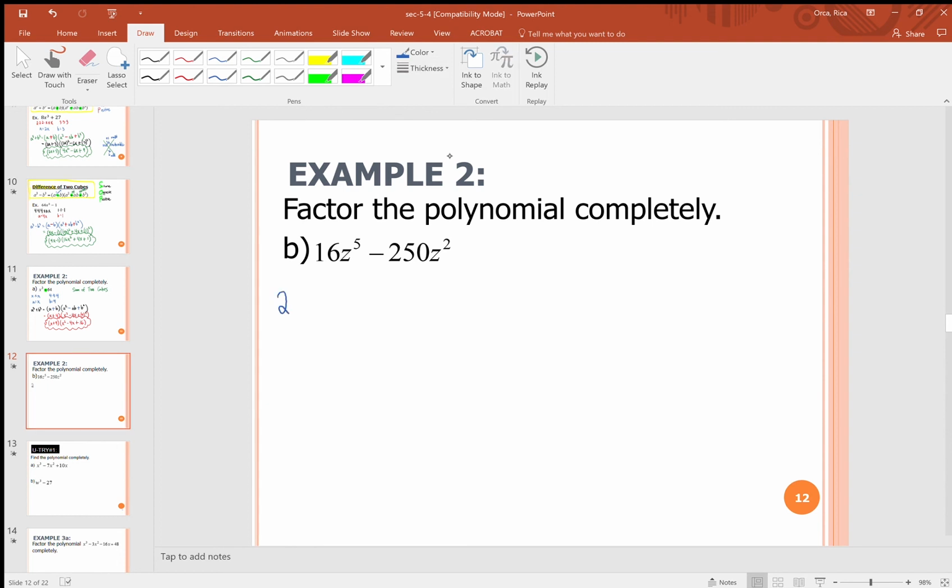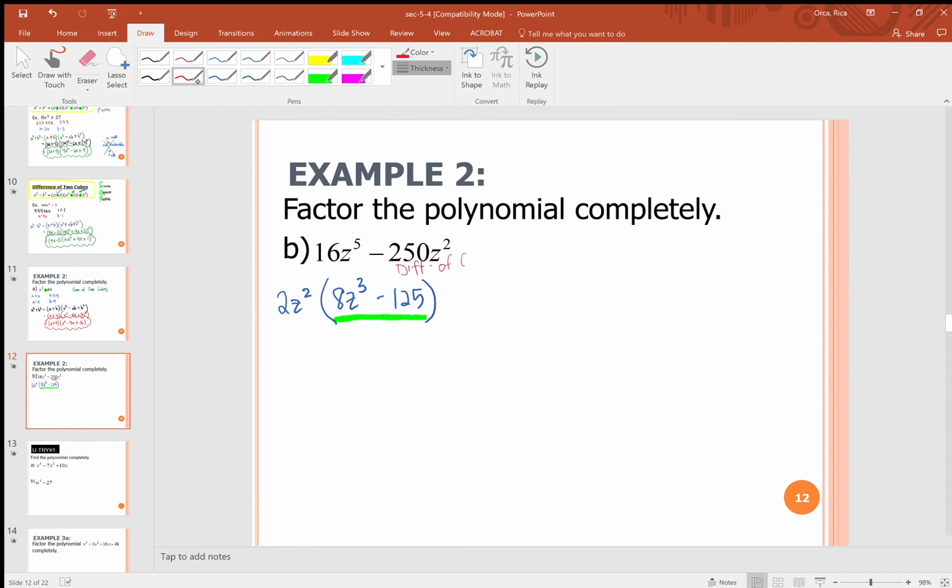We can also factor out the z squared. 2z squared times 8z to the third is 16z to the fifth. 2z squared times negative 125 is negative 250z squared. Now we have our difference of cubes.